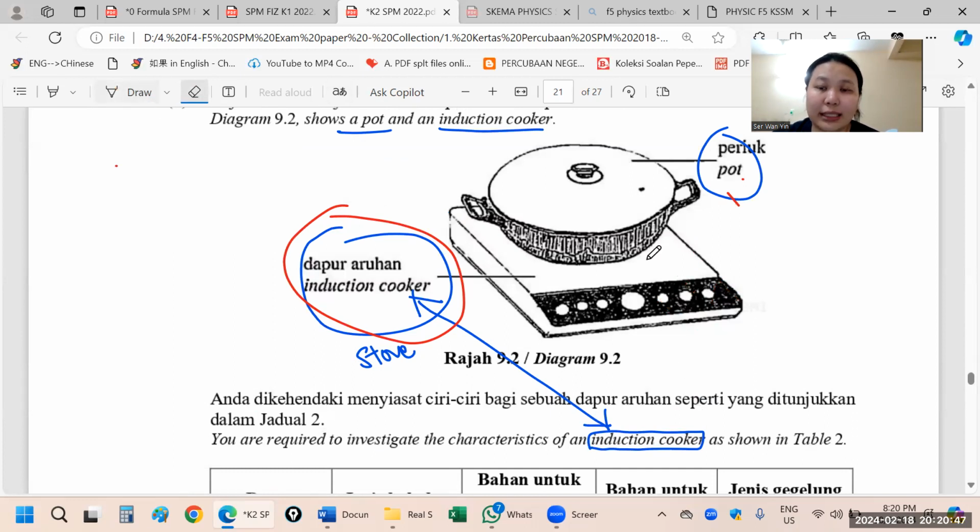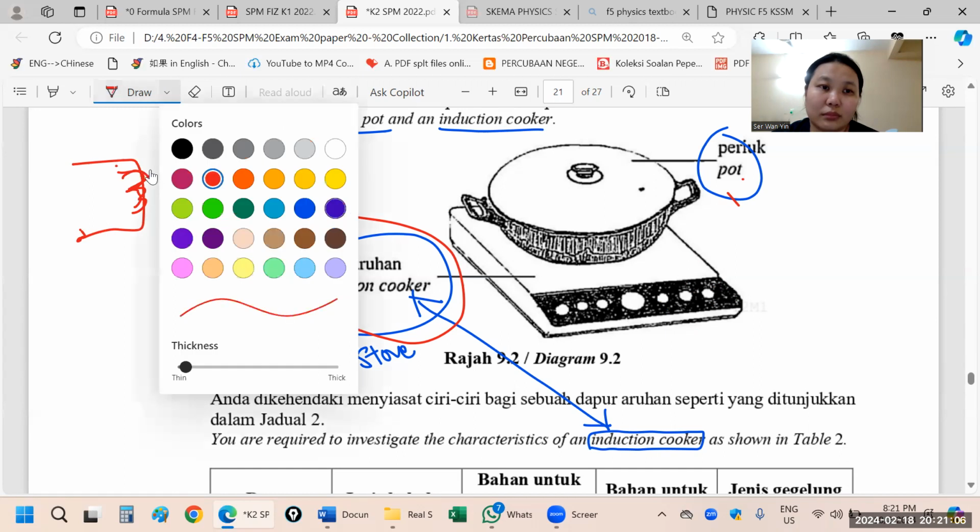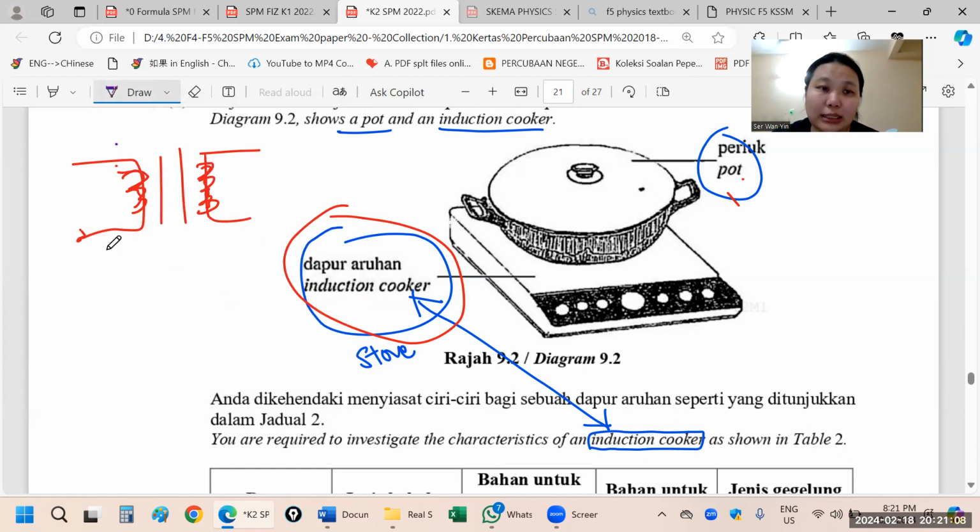Induction cooker actually is like our transformer. How does a transformer work?